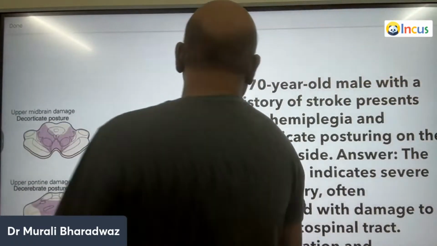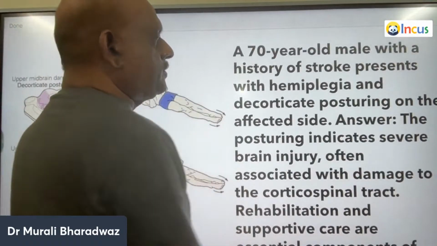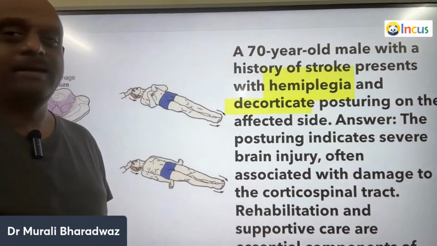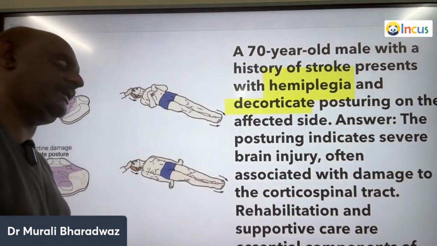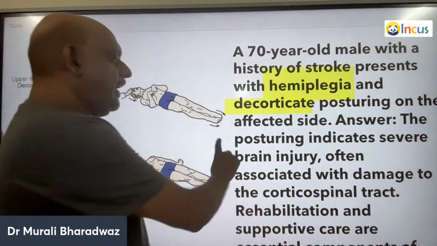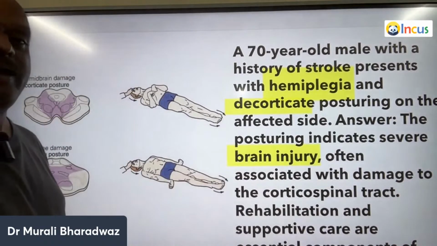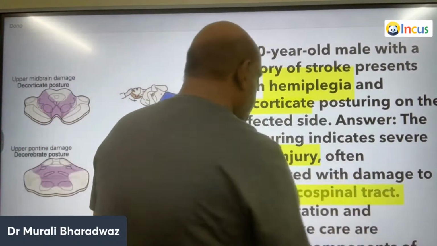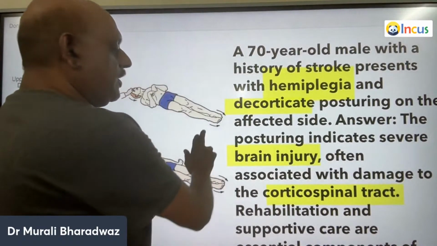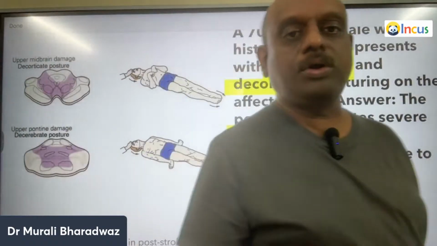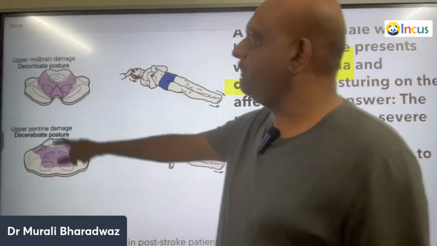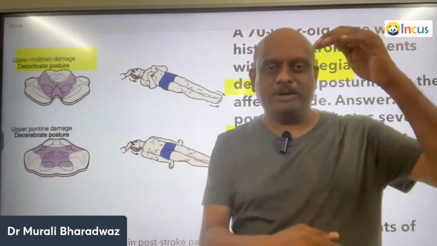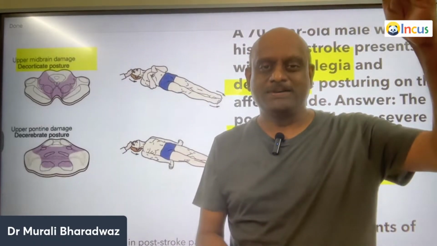A 70-year-old male with a history of stroke presents with hemiplegia and decorticate posturing. Decorticate posturing. So what does it indicate? It indicates brain injury, and decorticate posturing is because of the injury to the corticospinal tract is what you have to understand. So doctor, remember upper midbrain damage whenever it is there. You know, midbrain, pons and medulla. Midbrain is highermost, right?